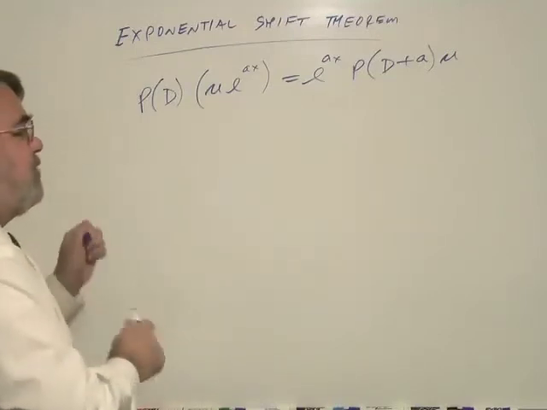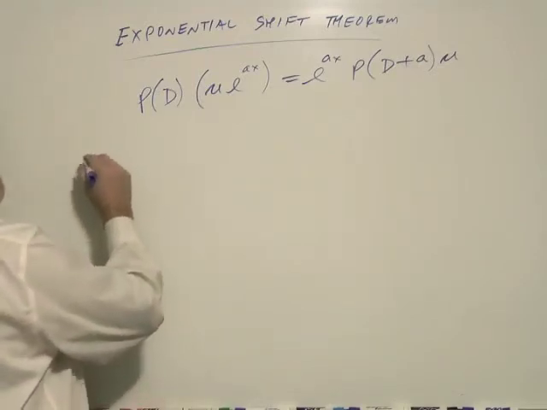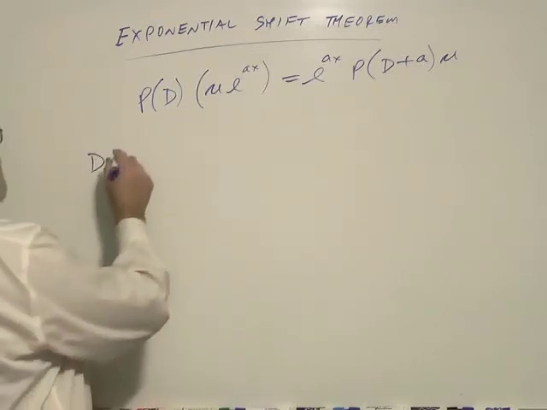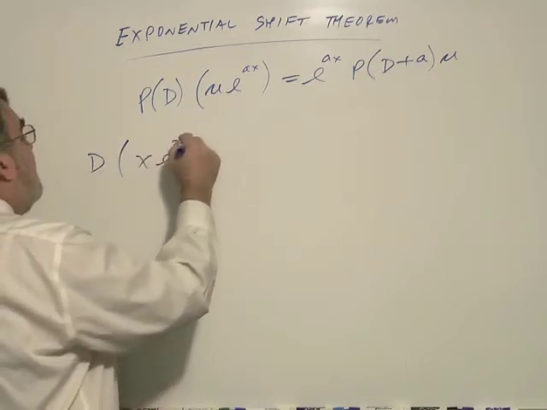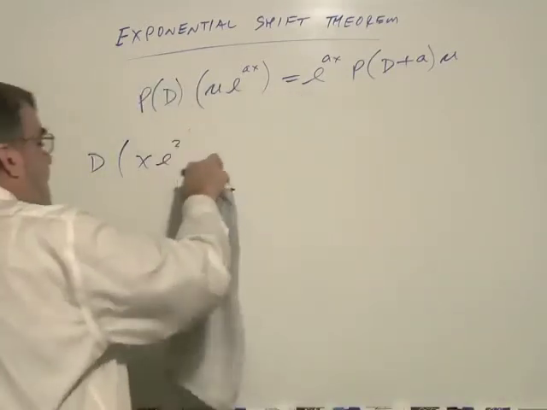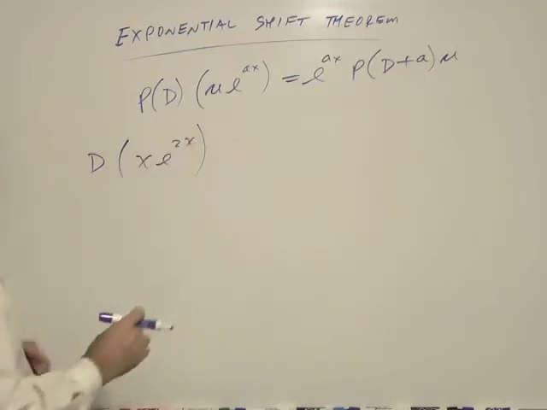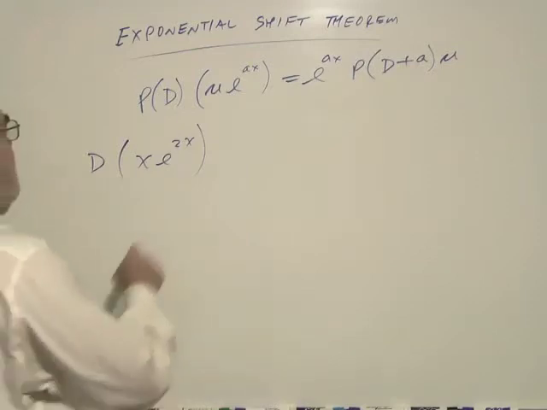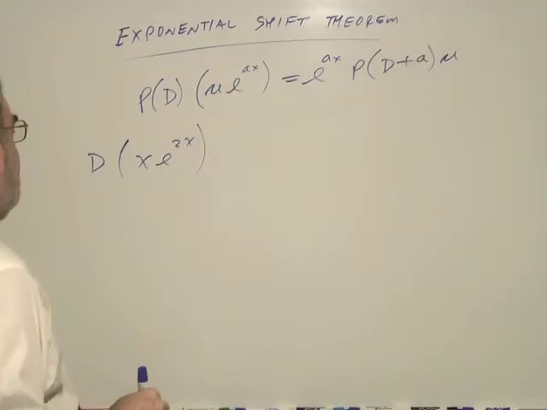Let's look at the derivative of, and I'll call it capital D as an operator, the derivative of x e to the 2x. There we go. So here my polynomial is just simply D, my function u is x, and a is equal to 2, e to the 2x.